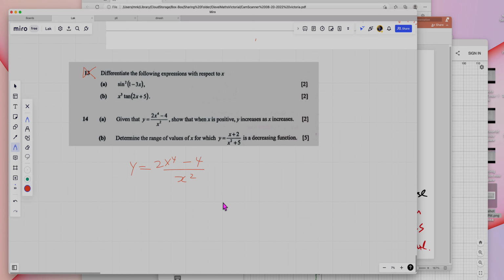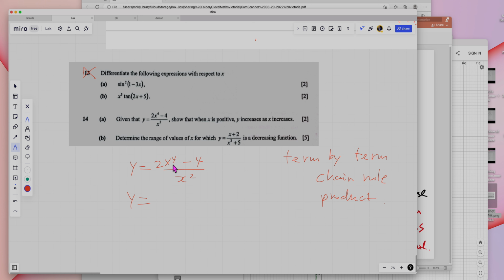Three types: term by term, product, chain rule. This one doesn't look like a product to me. Actually, you can make it into a product, but this is usually a trap. So how do you do this?